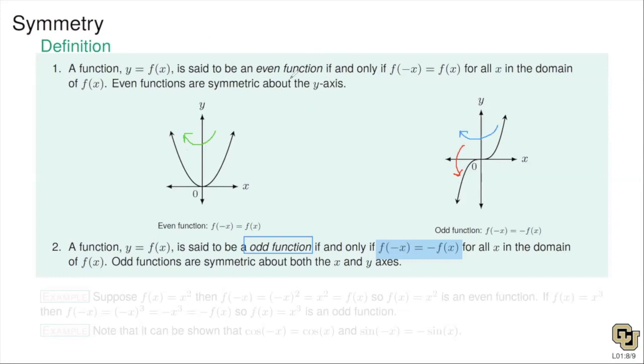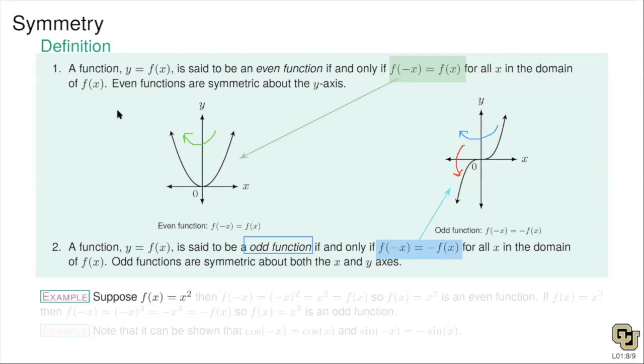As I said, the analytic definition is really important, as well as the picture that goes with it. Typically when I learn a concept, I try to learn the concept plus a tangible example to go with it. And here, x squared is my favorite example of an even function, and x cubed is my favorite example of an odd function.